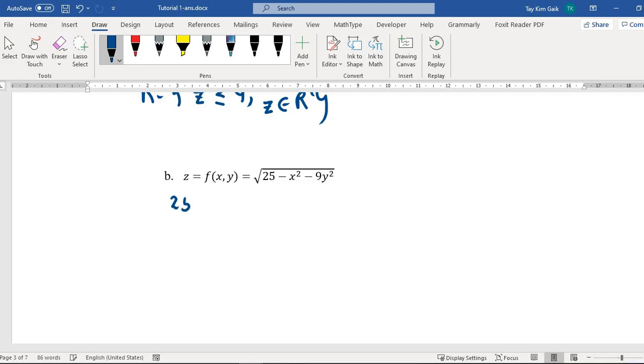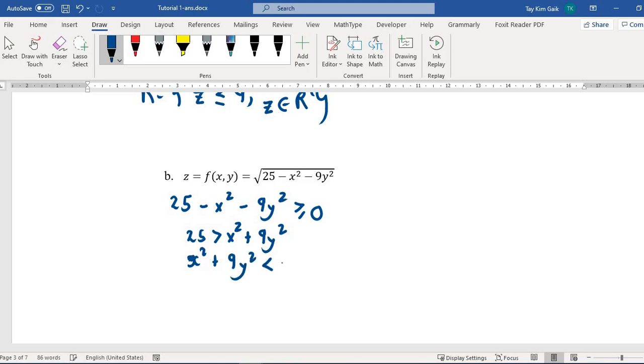So we set 25 minus x squared minus 9y squared greater than or equal to 0. That's why x squared plus 9y squared is less than or equal to 25.